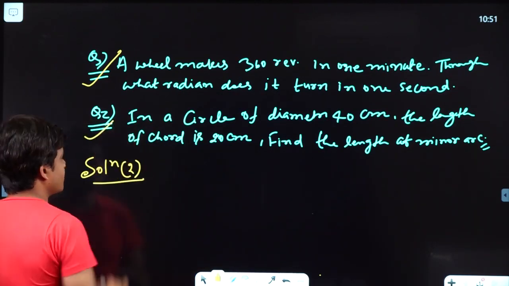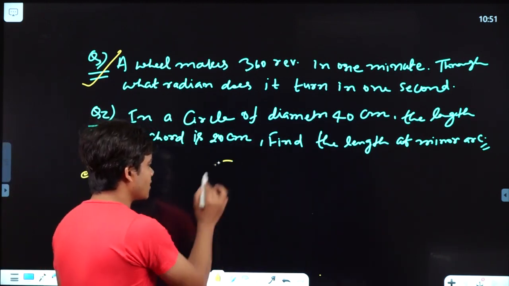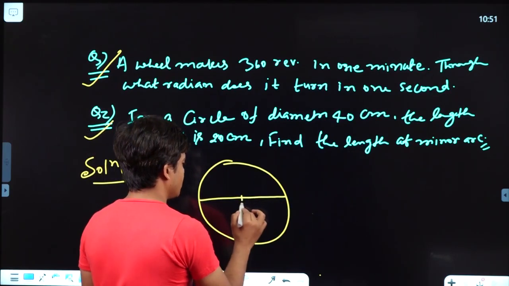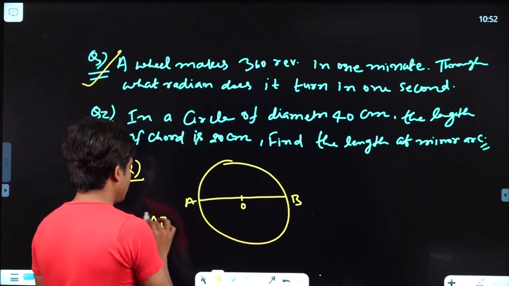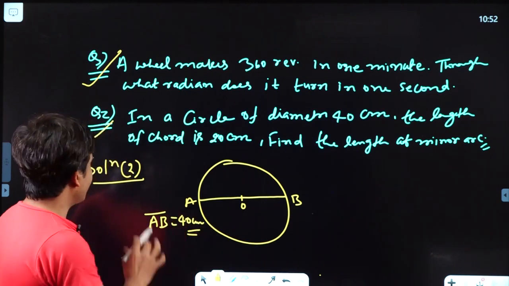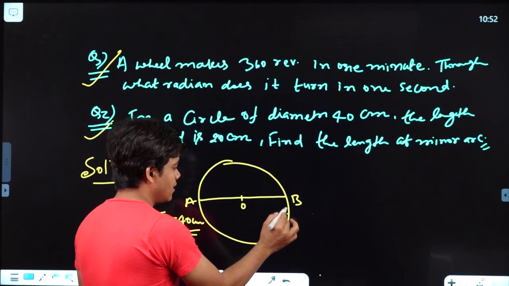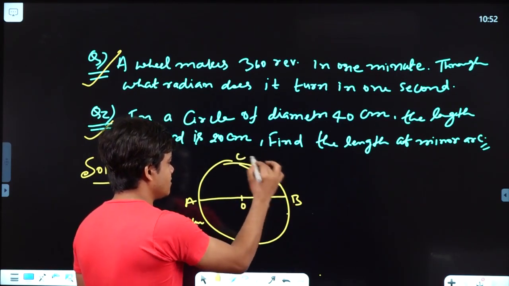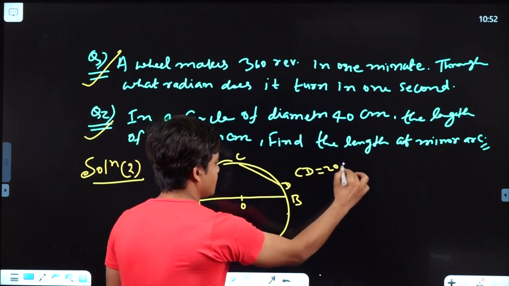What is the question saying? In a circle of diameter 40 centimeter, so a circle and its diameter is 40 centimeter, meaning this AB has length 40 centimeter. The length of the chord is 20 centimeter. There is a chord like this, say this chord as CD, and the length of CD is 20 centimeter.